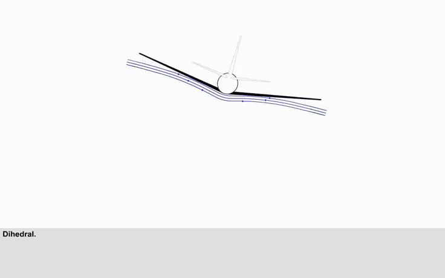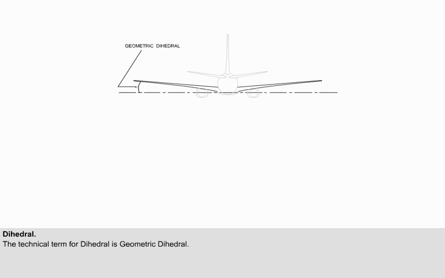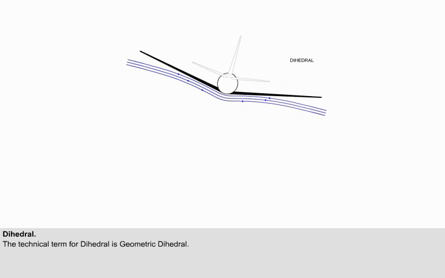The designers can reduce the unstable contribution of a low-mounted wing by fitting the wing on the fuselage at an angle. This is called dihedral, the upward inclination of the wing from the horizontal. Let's see how dihedral reduces the unstable contribution of a low-mounted wing.